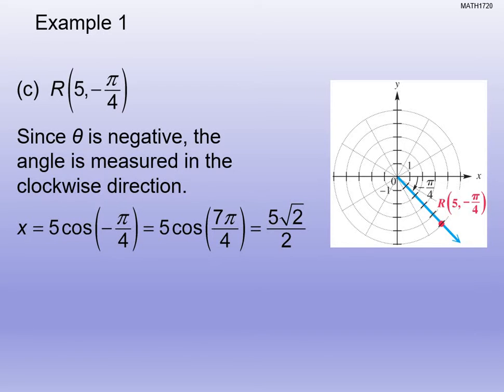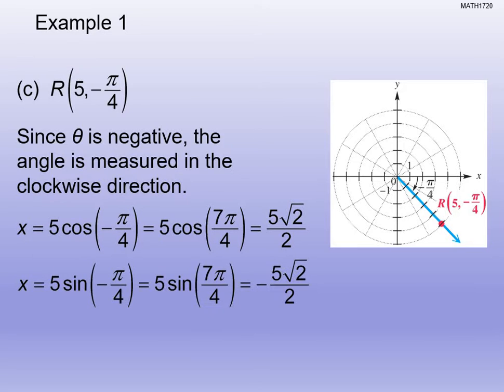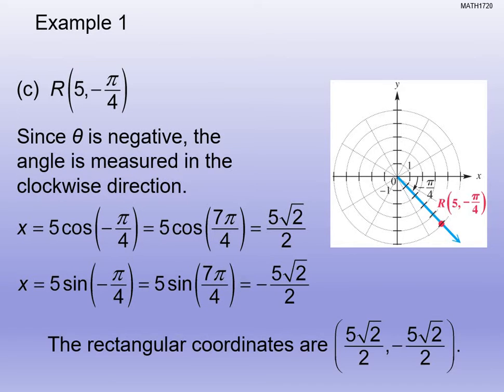Taking a look, we want to calculate the x coordinate, or the horizontal component. It's going to be 5 cosine of -pi over 4. You end up getting 5 square roots of 2 over 2. You can get the decimal in your calculator as well. Just remember, you leave your calculator in radians mode for this one. And then we have to find the vertical component, so it's going to be y equals 5 sine of -pi over 4.